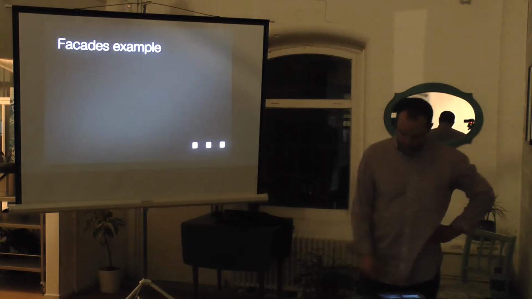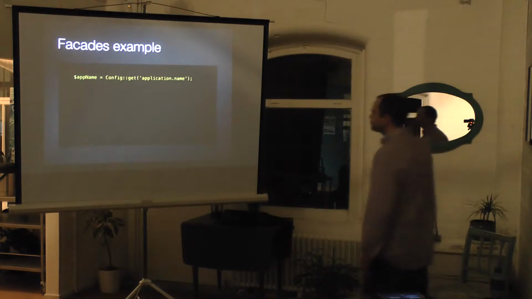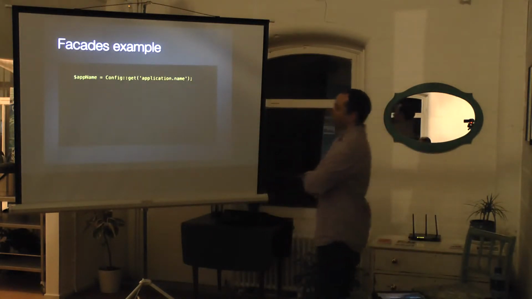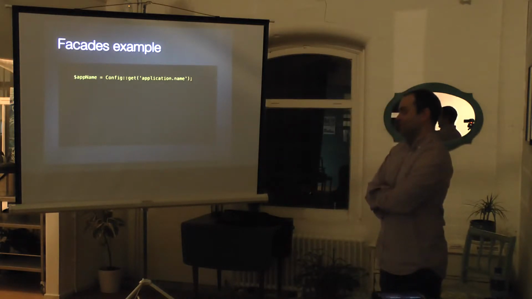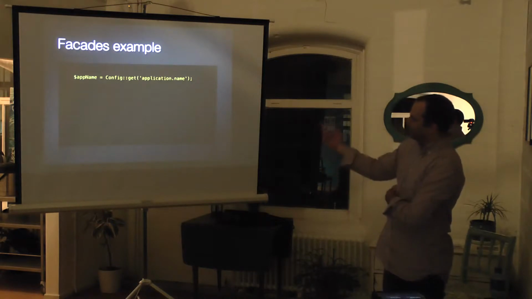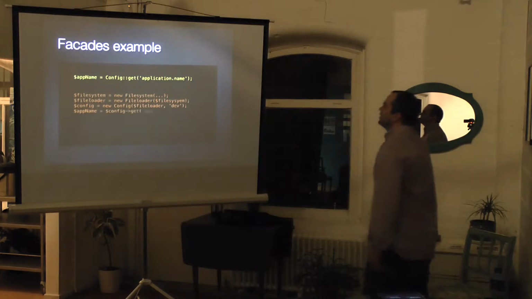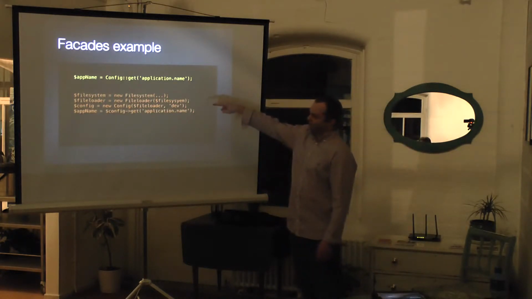I'm going to give you an example of facades here. Here we go. $appName = Config::get('application.name'). This fetches a bit of configuration about the application and the name of it, funnily enough. Now, what this is actually doing in the background is a bit more complicated than what's happening there. Just by calling Config::get, Laravel is doing something like this in the background.